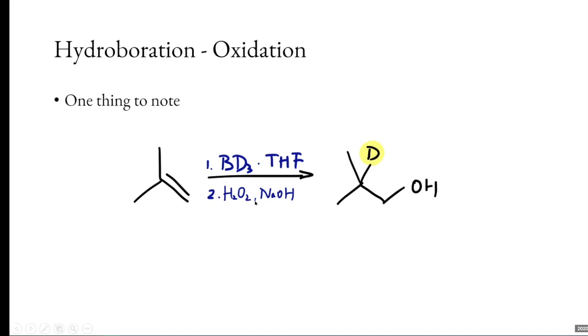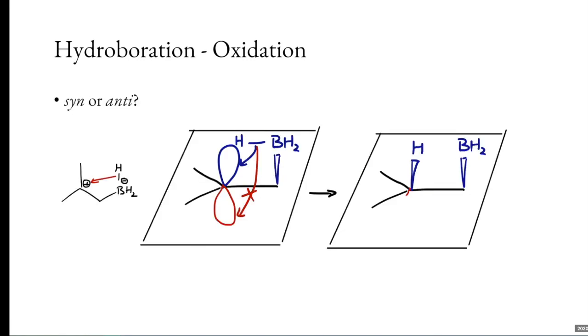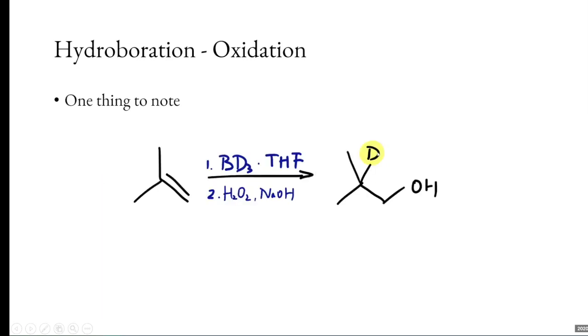So what we're looking at here is that we're using BD3 instead of BH3, and if we remember, one of the hydrogens from the boron ends up on the final product, the alcohol. So in this case, the deuterium will be here, and that's an important thing to know. Otherwise, you cannot do your homework. I think, yeah, that's about it.